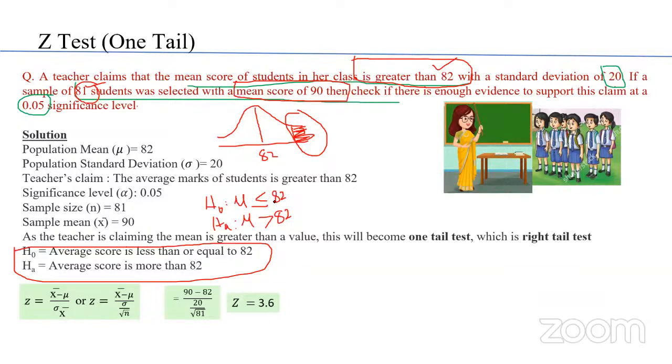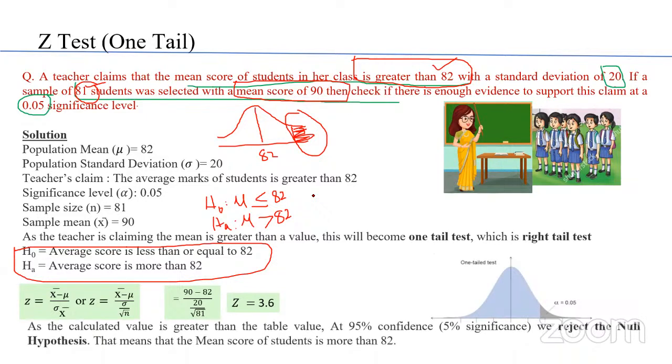And the Z value has become 3.6, right? If you see that, this becomes a right tail test. According to the table value, our value is more than that. So definitely we can tell that this null hypothesis is rejected.